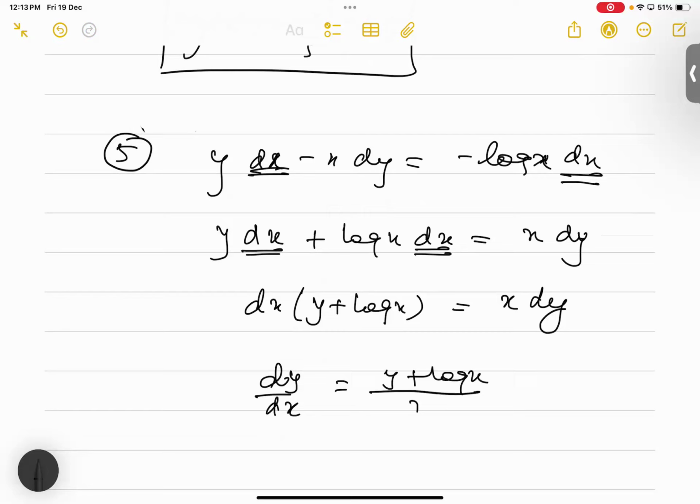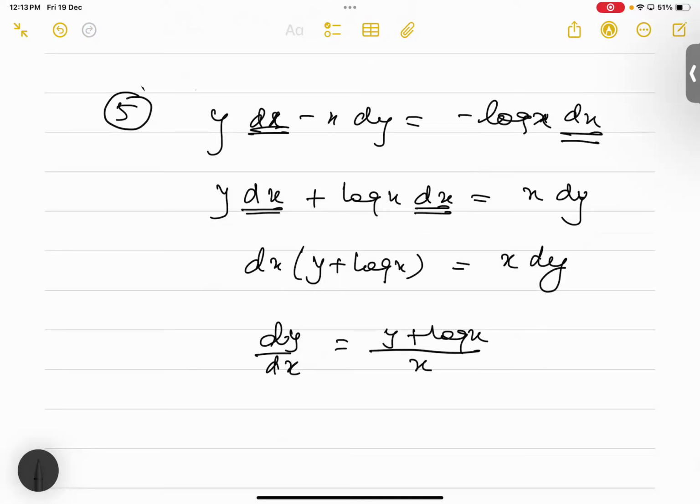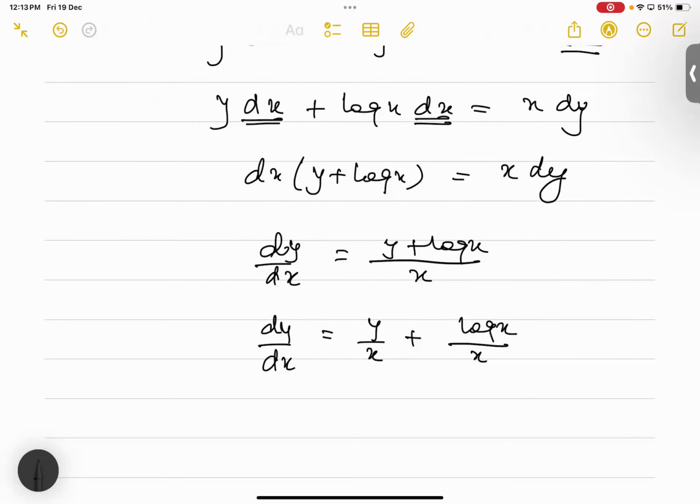y plus log x upon x. Don't mistakenly write x upon y plus log x, otherwise everything will go for a toss. Clear, guys? So dy by dx is equal to y by x plus log x upon x.